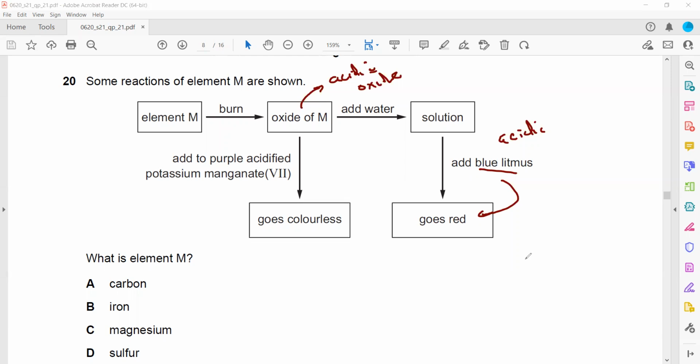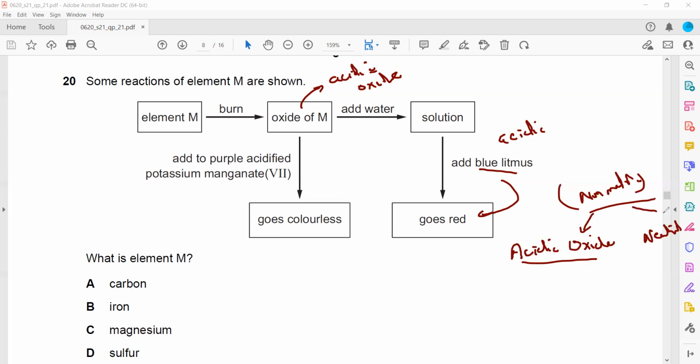And as I mentioned, acidic oxides are basically non-metal oxides. Non-metal oxides can be acidic or neutral. So this element should be a non-metal.